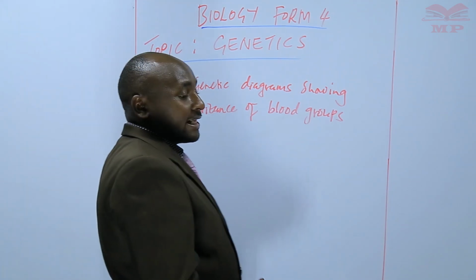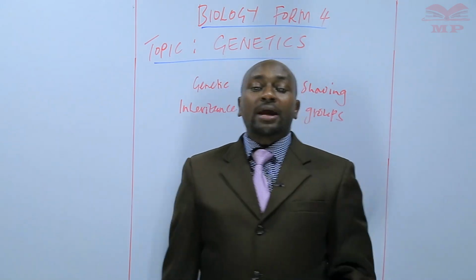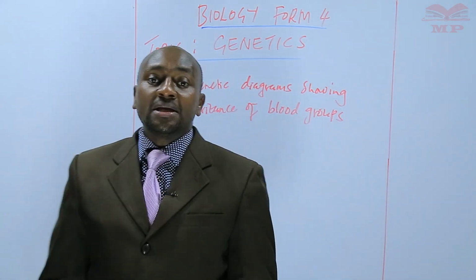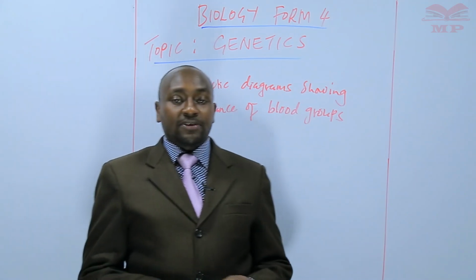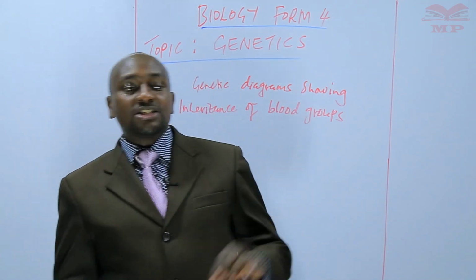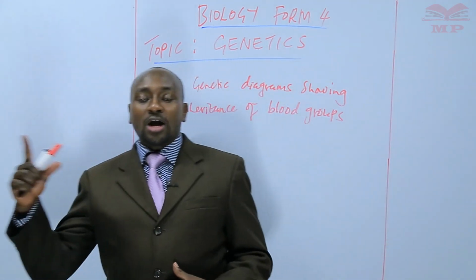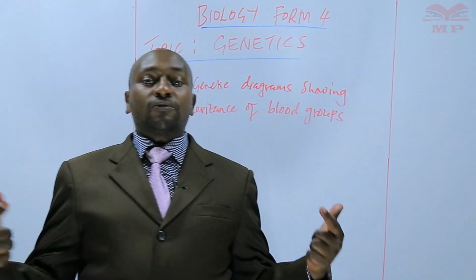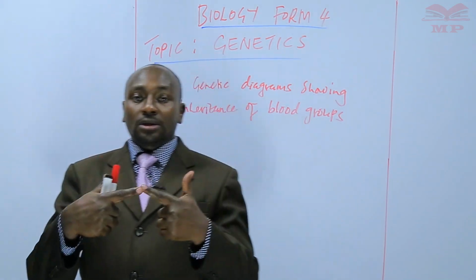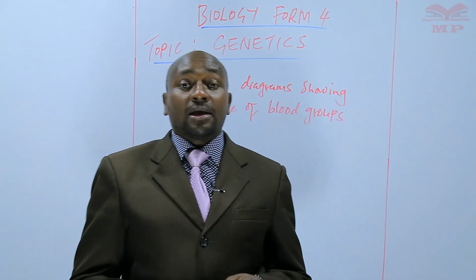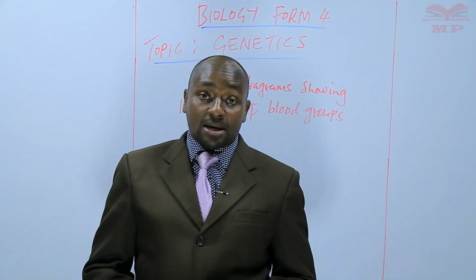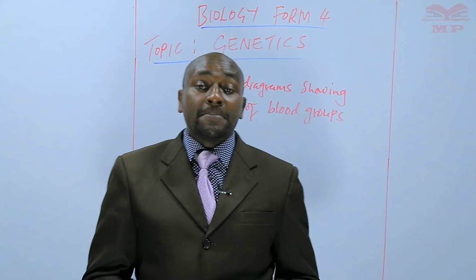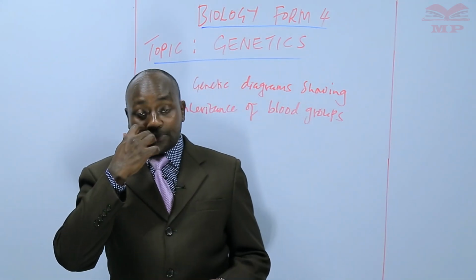We talked about blood group A and B being codominant, or equally dominant, such that a person who has gene A and a person who has gene B, if they were to marry each other, may end up getting children with the blood group AB. That's why we say that blood group AB is codominant.